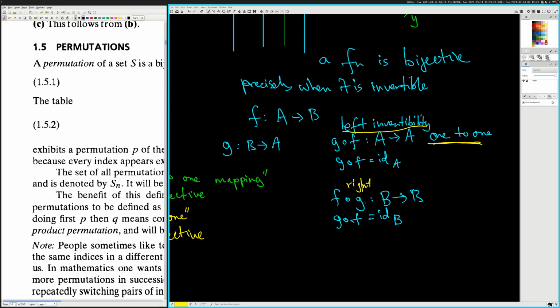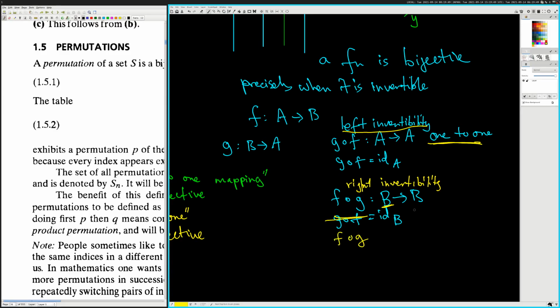So functions in math, you're not allowed to do partially defined functions. A function has to be defined at every point on its input set. So this is right invertibility. And in order for this to work, this is f of g, sorry.